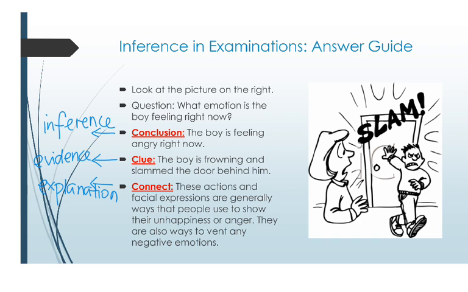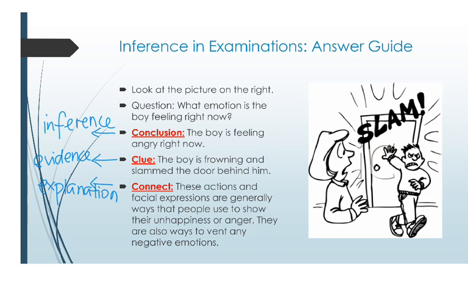So a conclusion is supposed to be a logical guess. If you're making a guess, you wouldn't be repeating the same thing. That's not guessing, that's just telling me something. So this is very important. In your conclusion and connect, you do not repeat what is in the source or what is in your clue or your evidence.